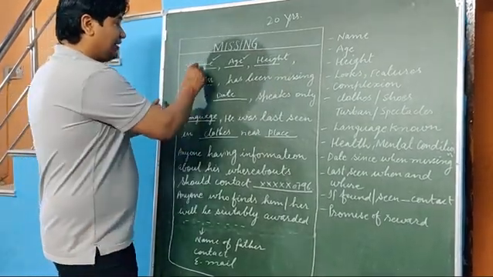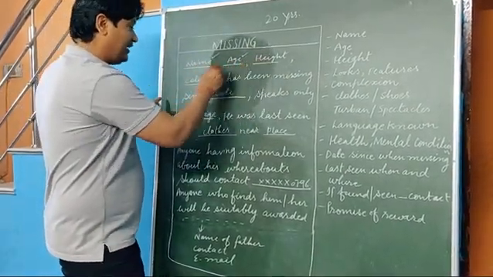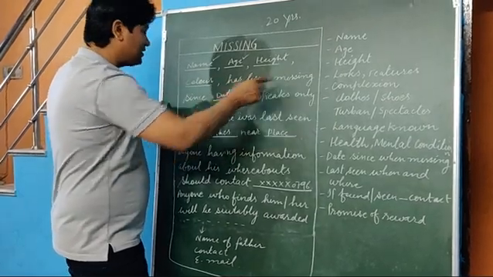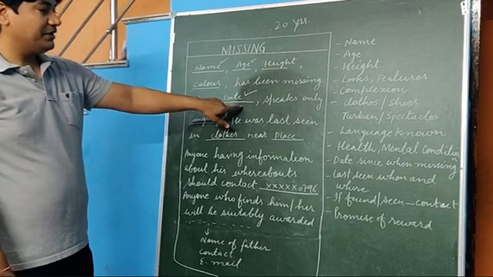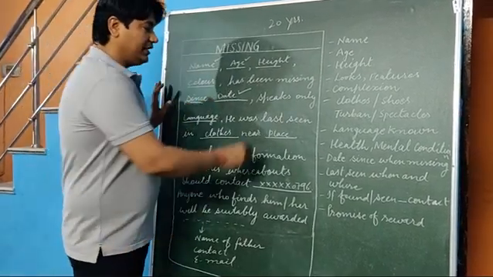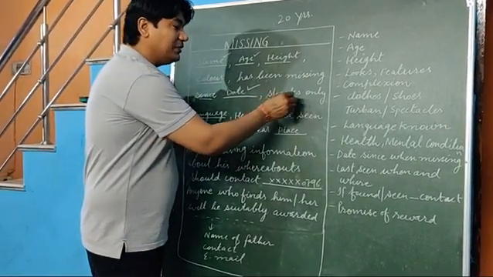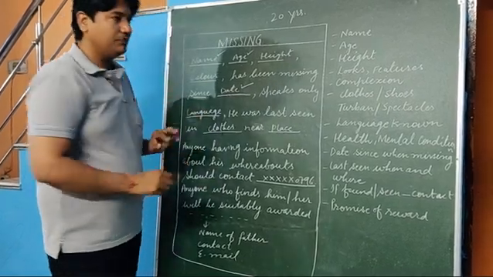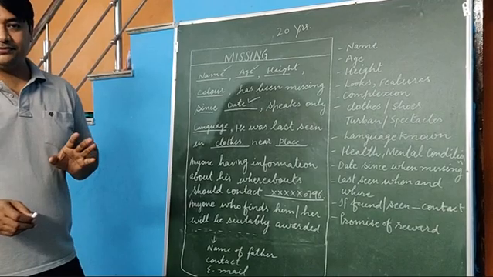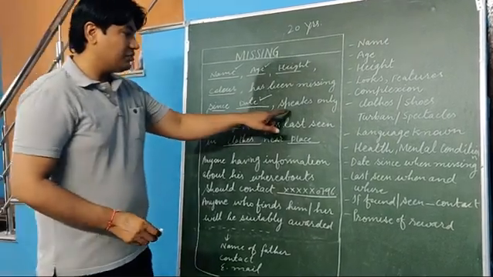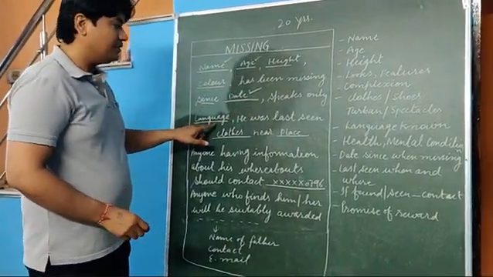Then we shall say that this child of this age, this height, this color has been missing since, and here you are to mention the date. And then do tell that he speaks only, suppose, Tamil. So you can mention speaks only Tamil.